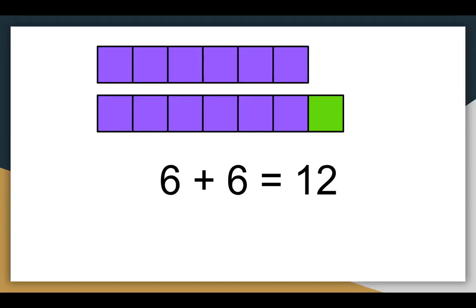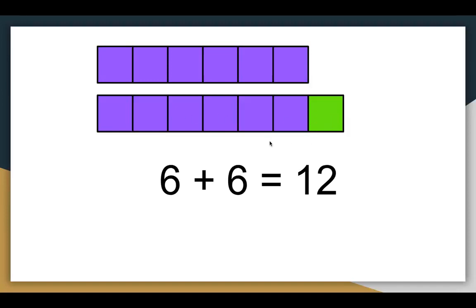Now pause the video and write what equation you could solve with all of the cubes together. Now that you've written your new equation, see if yours matches mine. I see 6 on the top, and I see 7 altogether on the bottom with 6 purple and 1 green.